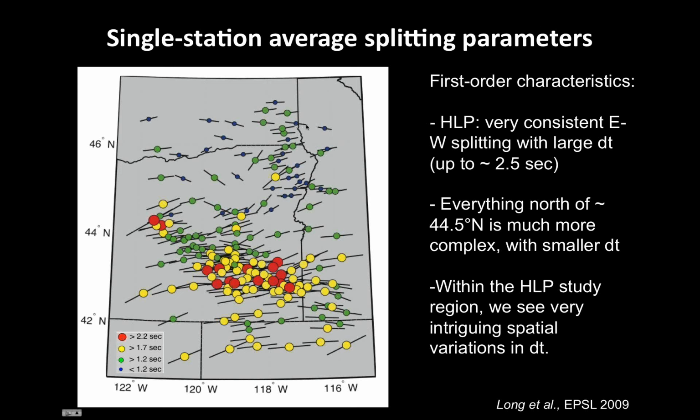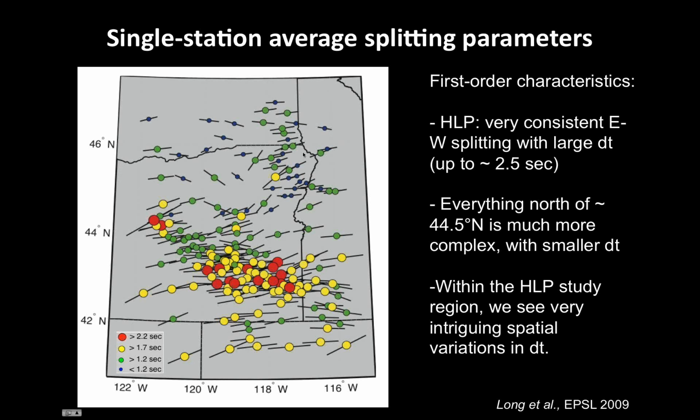Okay, so now I'd like to put up this figure. This is just a map of the single-station average splitting parameters for all the stations that we looked at. Again, some first-order characteristics. Within the HLP itself, there's very consistent splitting with basically an east-west fast direction, very large delay time. So at single stations, the averages are up to about 2.5 seconds, and individual measurements go up to about 3 seconds.